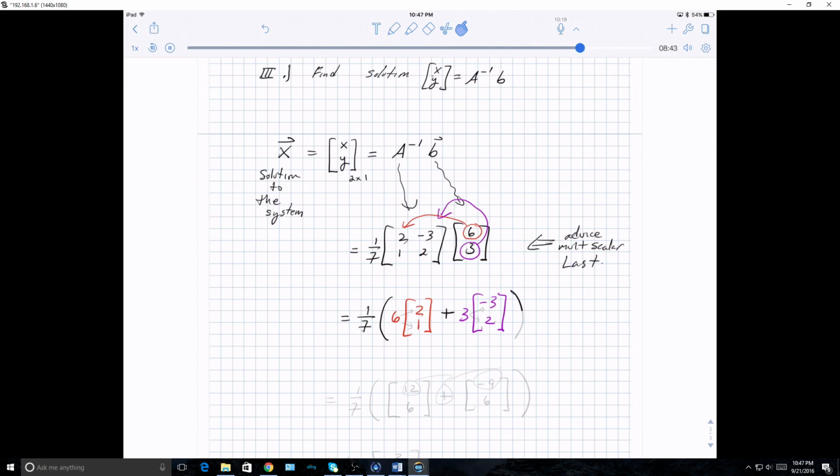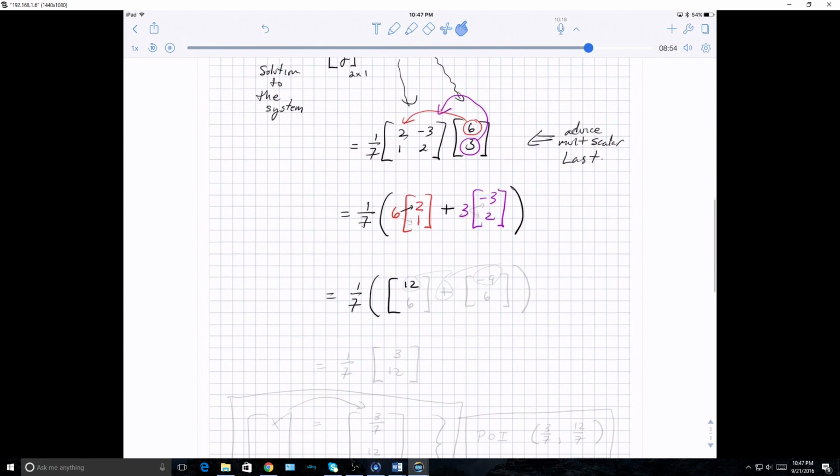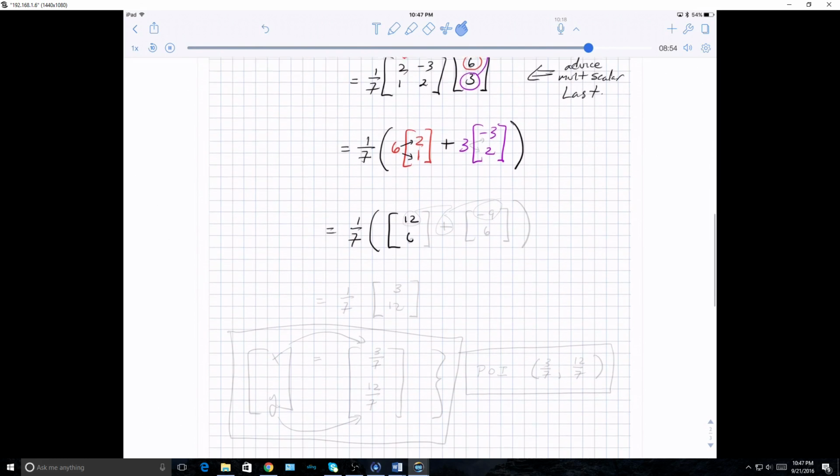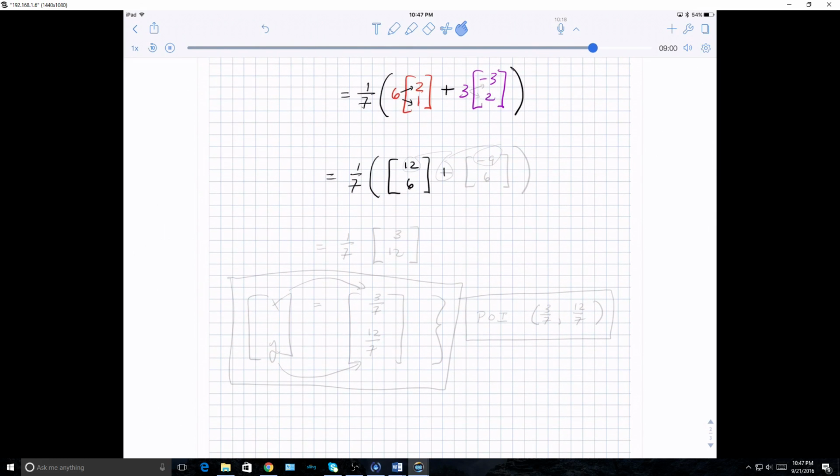And now we can perform the general scalar multiplication. So let me just rewrite 1/7. And now it's going to be 6 times 2, which is 12, and 6 times 1, which is 6. And then we're going to add that to -9 and 6.